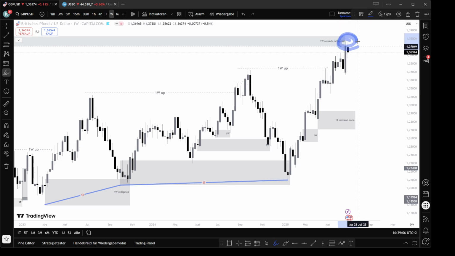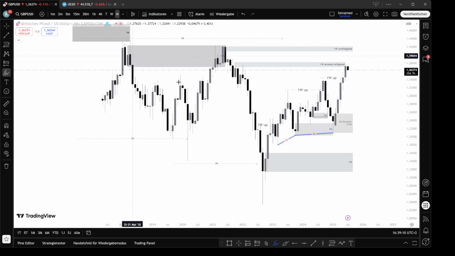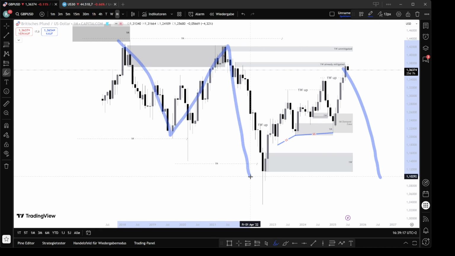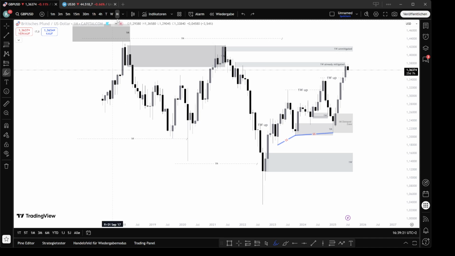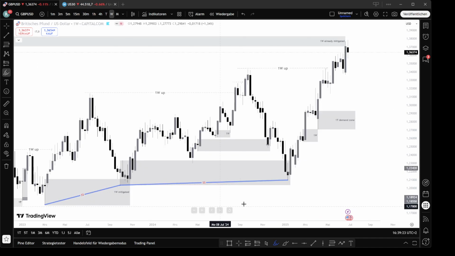Due to this reaction within this area, and due to the fact that if I go back on a monthly time frame, we're still expecting price to sell downwards, because we're expecting price to continue to follow this movement of lower lows, lower highs. I'll be expecting to look for selling opportunities due to the fact that the market ended up being bearish on the weekly time frame, and we're expecting price to continue selling, which is we're expecting price to keep on being bearish on the monthly time frame.